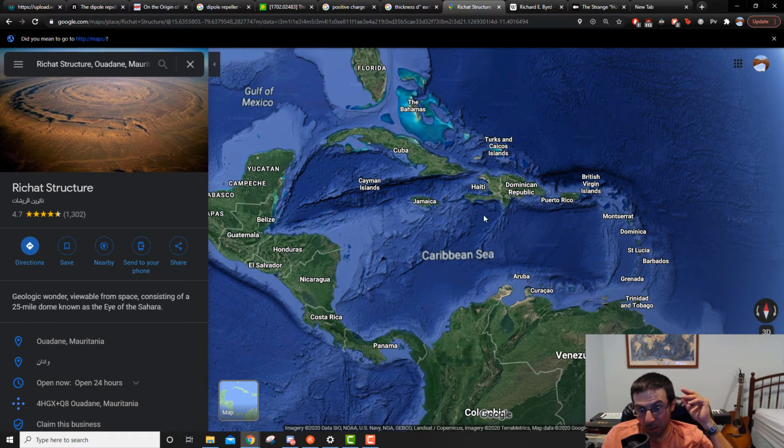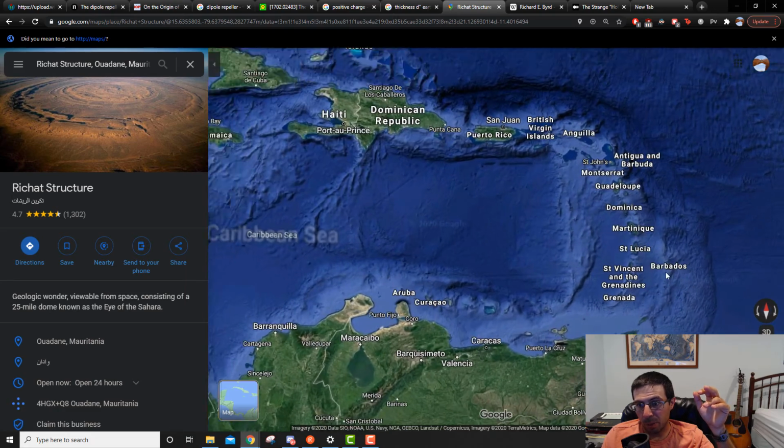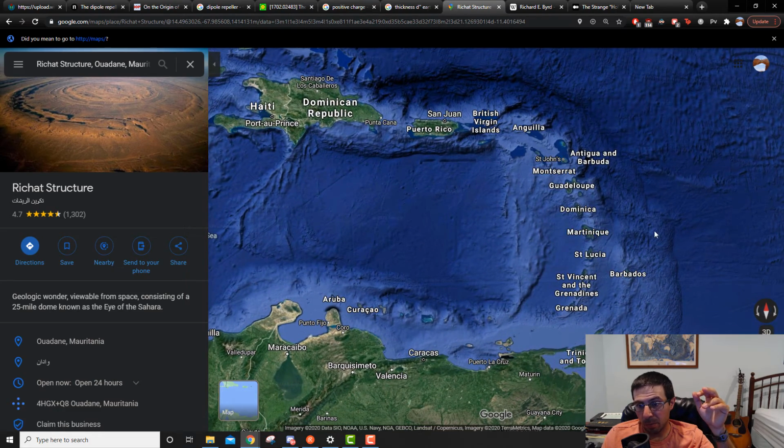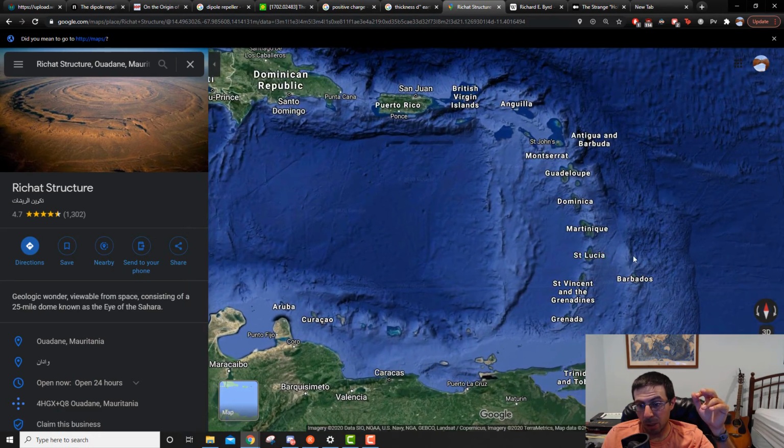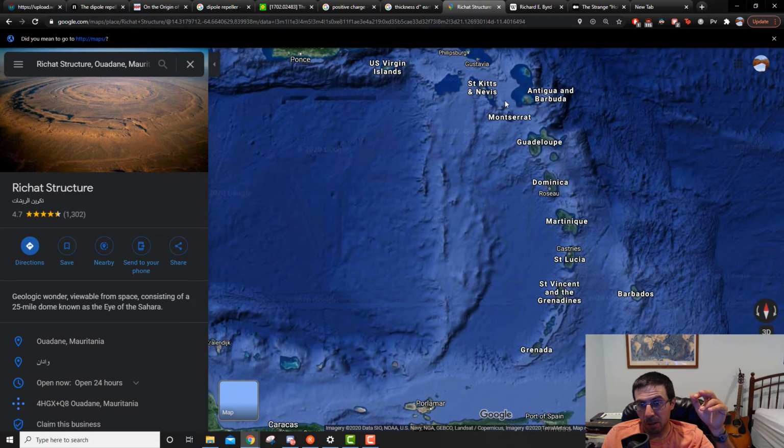And this is even evidenced by the formation of an island arc in Barbados, Dominica, Martinique, St. Lucia, all this stuff here.